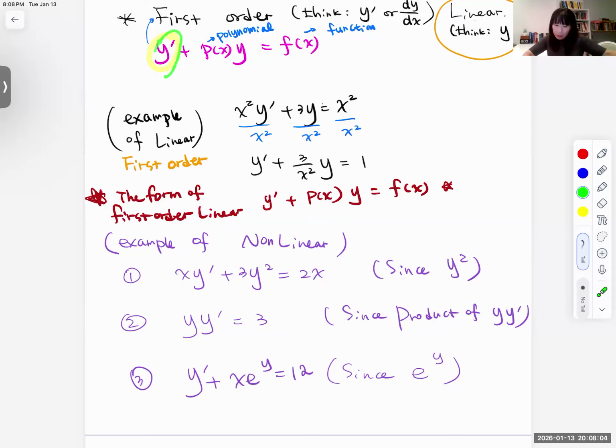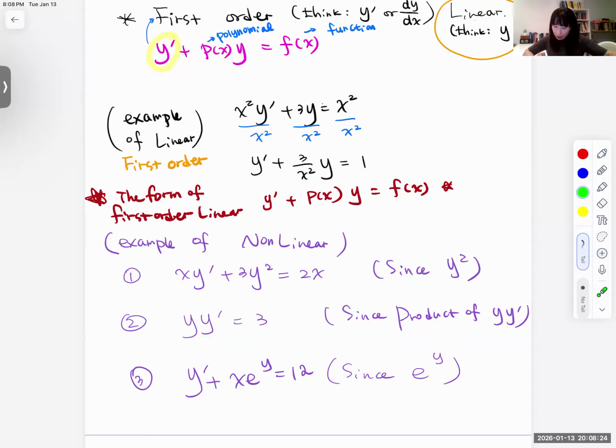If we solve for y prime, we divide, and 1 over y is not linear. Linear should be y over 1, which is y, not 1 over y. Make sense?